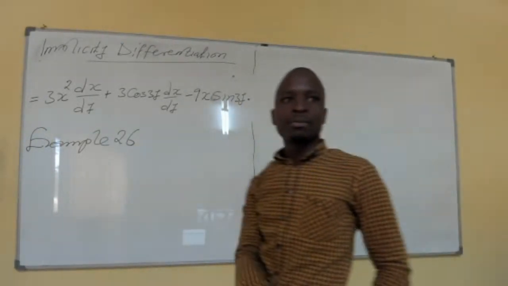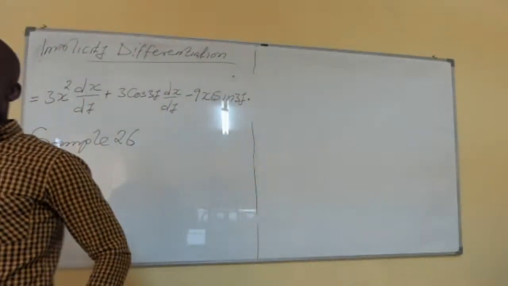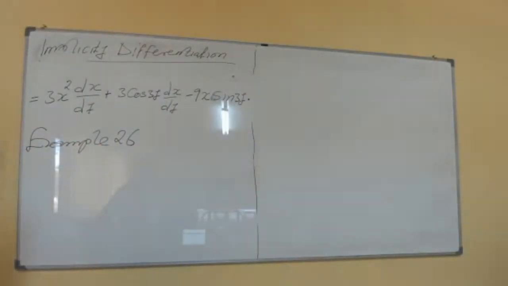Also, you can find a lot of examples about implicit differentiation in John Bird's Higher Engineering Mathematics, 4th edition or 6th edition. Now, let's look at the last example under implicit differentiation.